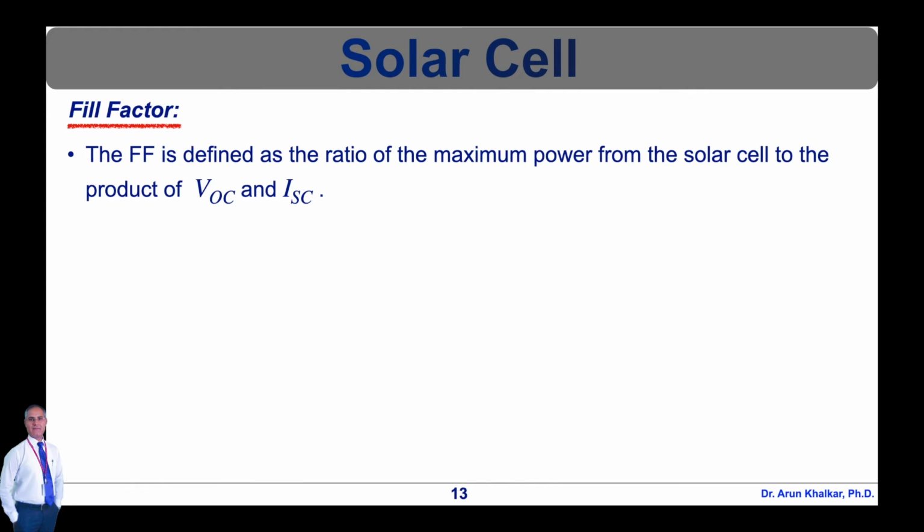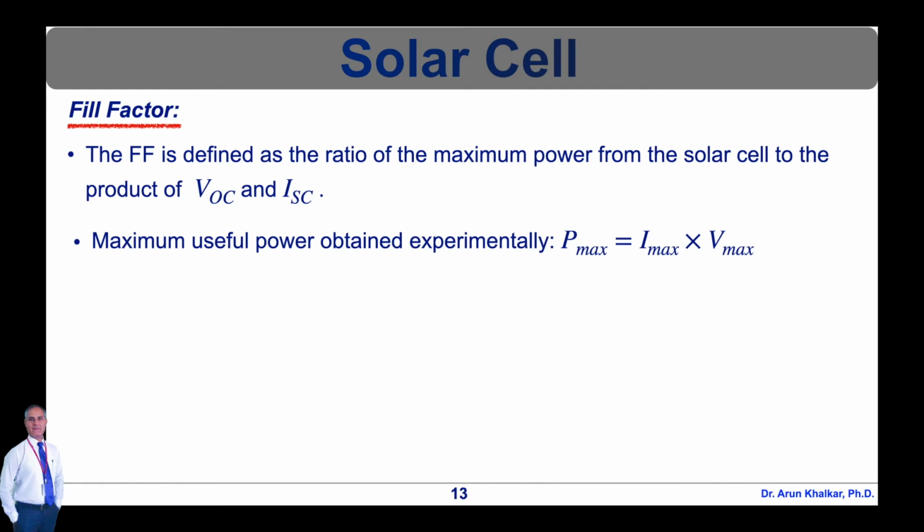The fill factor is defined as the ratio of the maximum power from the solar cell to the product of open circuit voltage and short circuit current. The maximum useful power obtained experimentally, that is Pmax, is equal to Imax into Vmax, where Pmax is the maximum power, Imax is the maximum current, and Vmax is the maximum voltage.